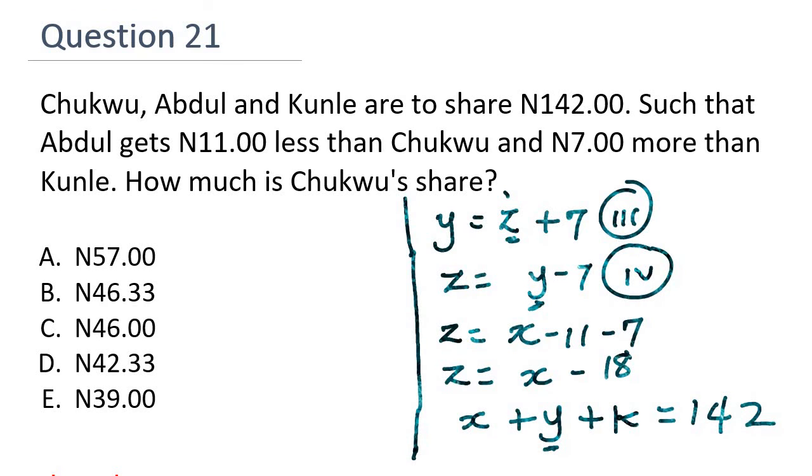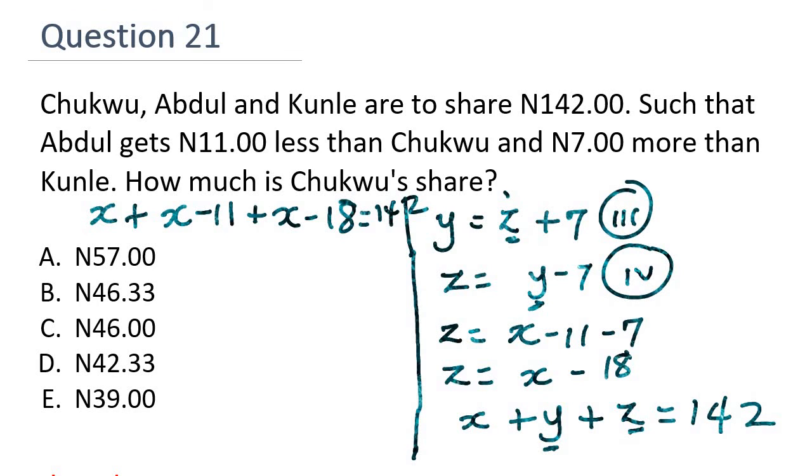Now, where you have Y, we know what the value of Y is. X plus Y, we said Y is equal to X minus 11. Replace Y with X minus 11. We know what Z is. Z now is X minus 18. So X plus X minus 11 plus X minus 18, everything will give me 142.